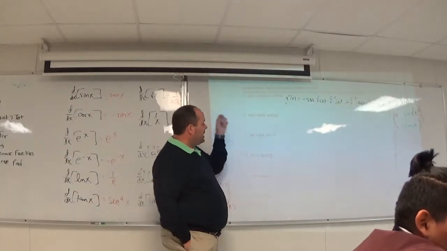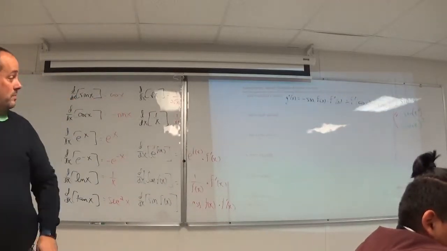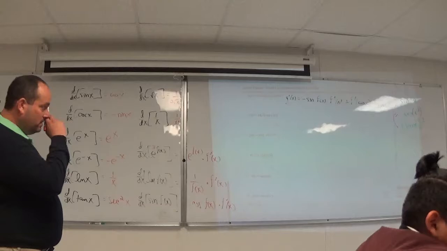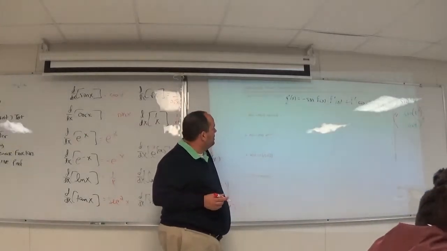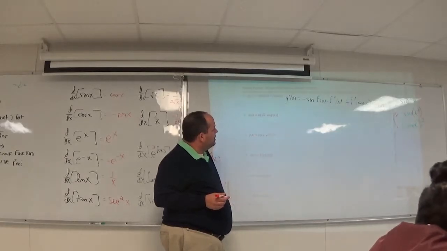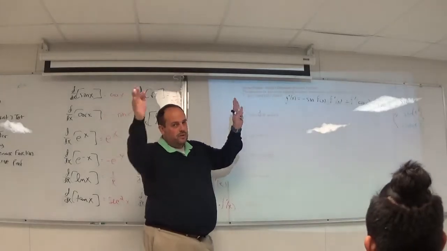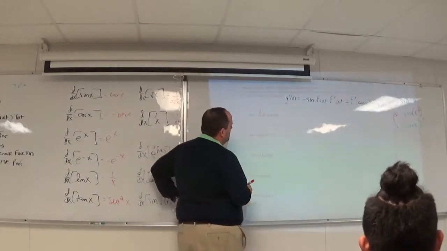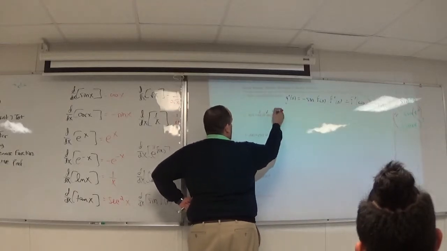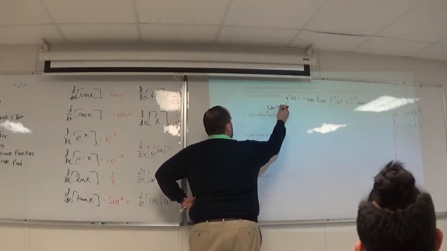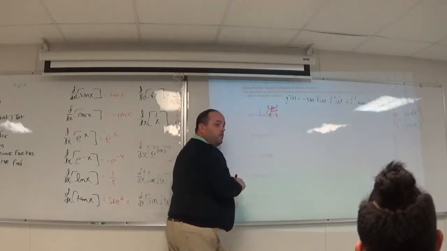Okay, number 2. I want to interrupt just a little bit. Beto, can you read that one for me? H of x equals the natural log of the square root of x times sine of... So we got product rule and sine of, which gives a chain rule.